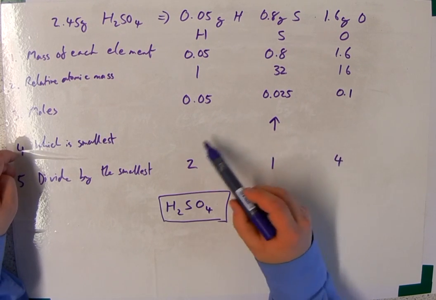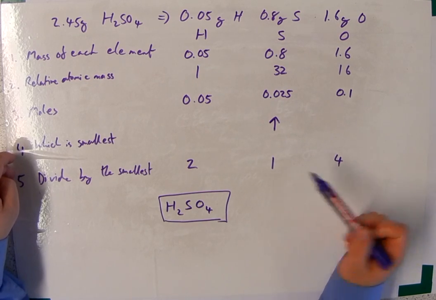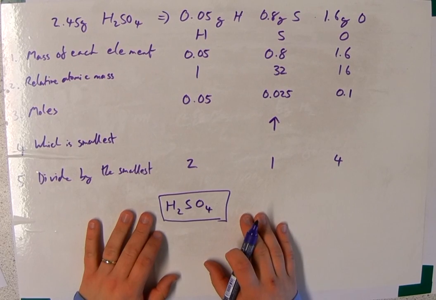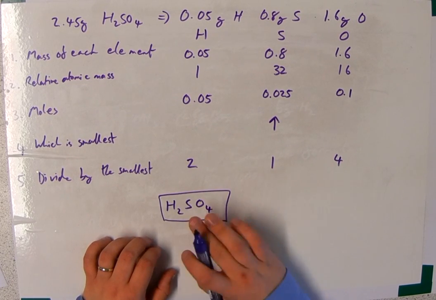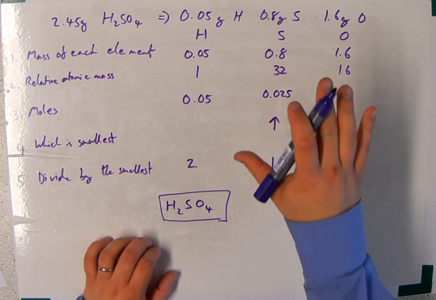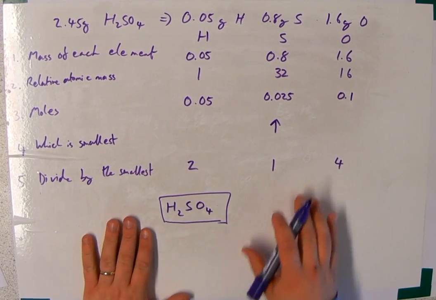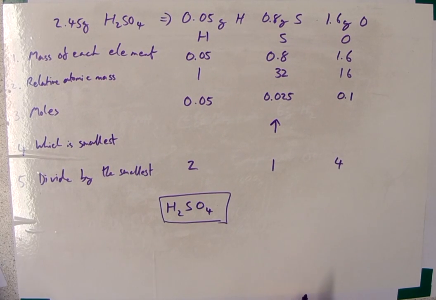Step 5, divide through by that smallest one to give you your empirical numbers. And then step 6 would be to write out the empirical formula. If you don't quite get perfect numbers here, double check everything first. In an exam, you should get quite nice numbers, so don't panic, but double check everything before going on. That's working out an empirical formula.